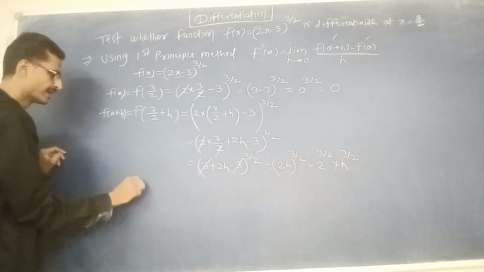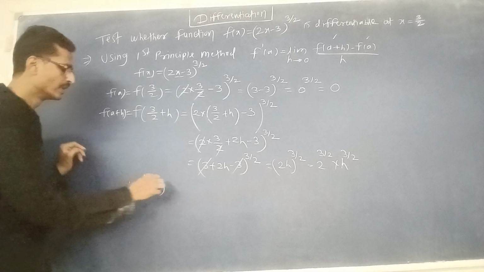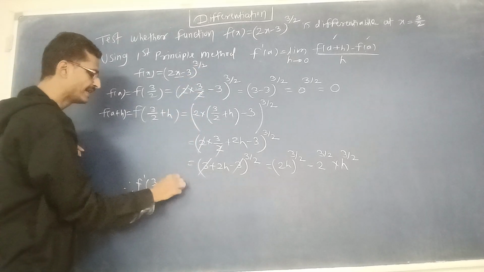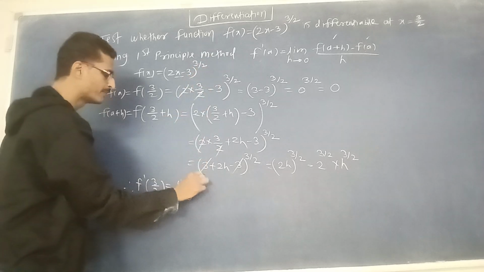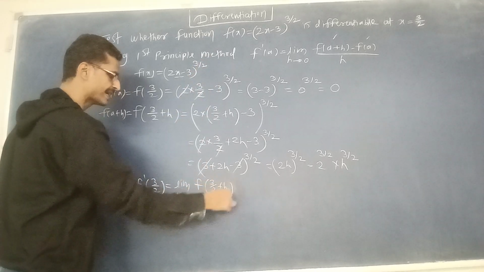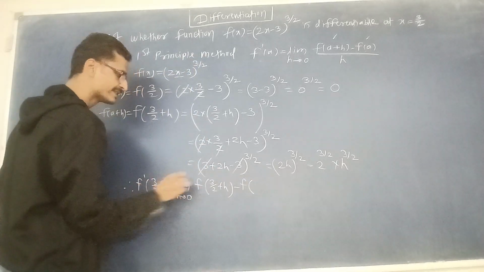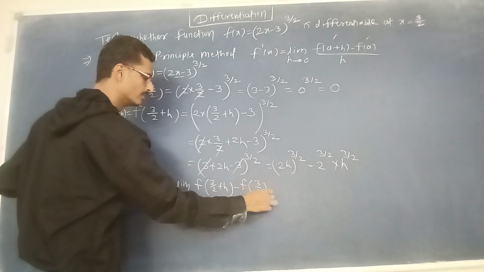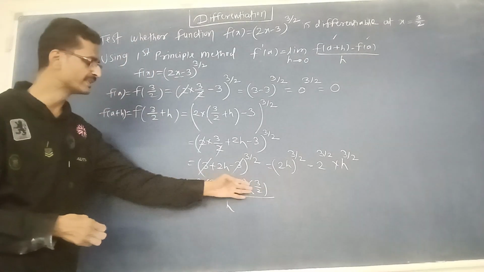So therefore f'(a), that is f'(3/2), is equal to limit h tends to 0, f(a + h), a is 3 by 2, so f(3/2 + h), minus f(a), a is 3 by 2, upon h. Now we know values of this.